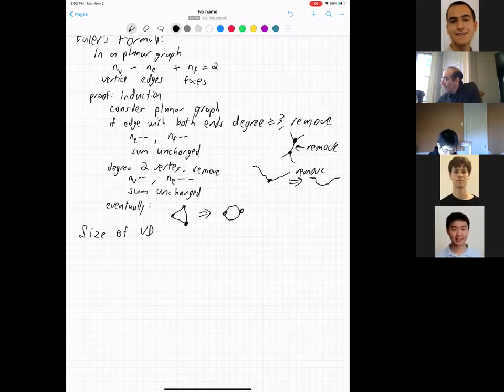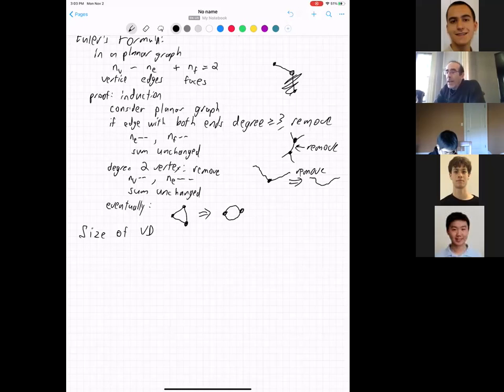Let's clean those up. They don't arise in the Voronoi diagram, but they certainly still apply with Euler's formula. If I have a degree 1 vertex and I get rid of it, I'm removing 1 edge and 1 vertex, and not changing the number of faces. So I can get rid of degree 1 vertices and degree 2 vertices, and all that's left at this point are vertices of degree at least 3.